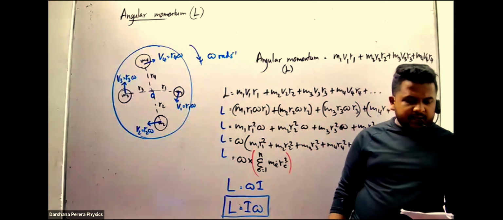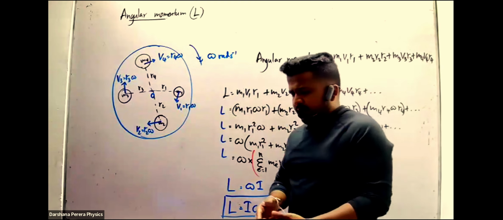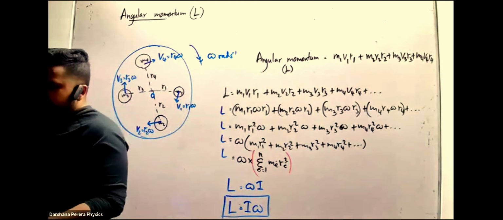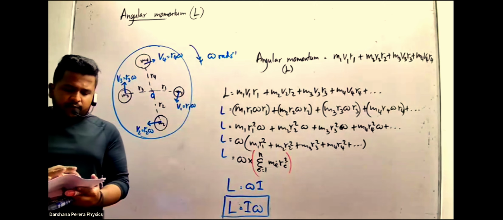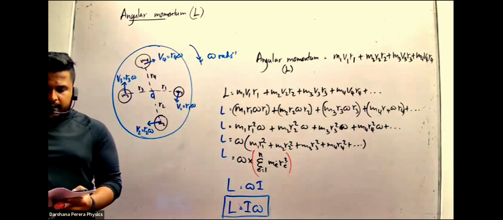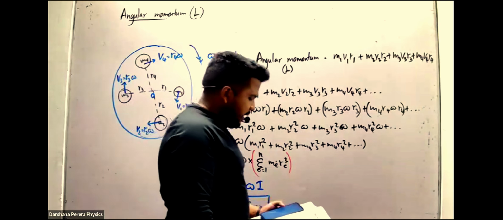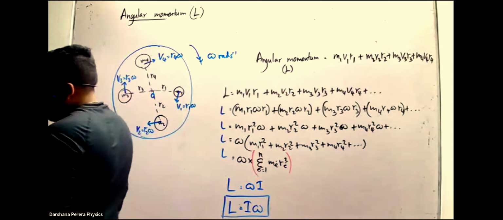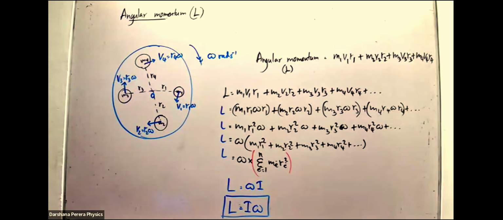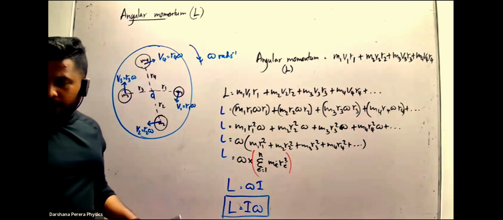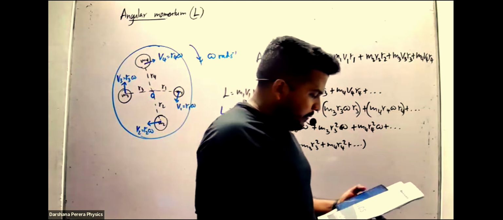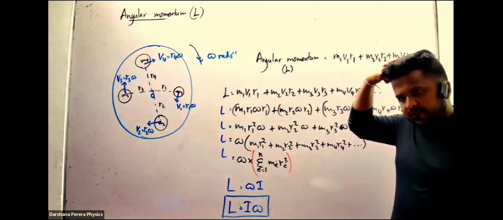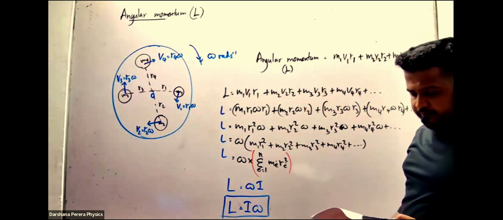Okay. Write down the topic: angular momentum, in brackets capital L. Then write: the moment of linear momentum of the particles of an object is called angular momentum.